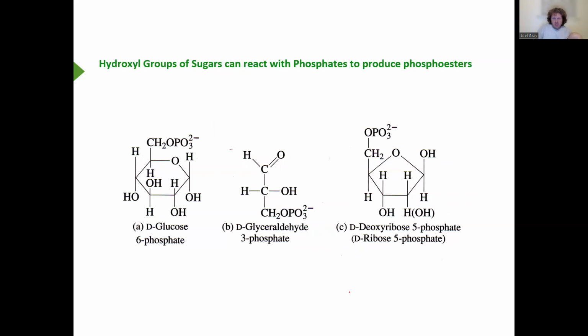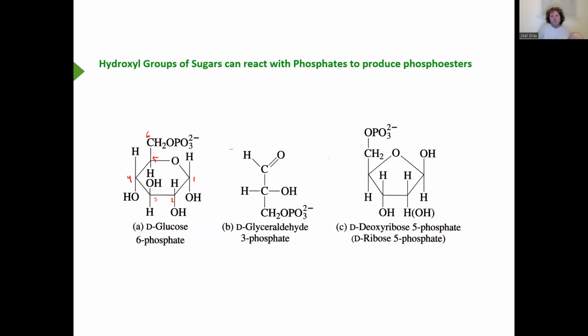Starting on the left-hand side, I think that's the easiest one to start out with. We've got what we've already looked at, a cyclic glucose. We've got a 6-membered ring. This is a pyranose, carbon 1, 2, 3, 4, 5, and 6.